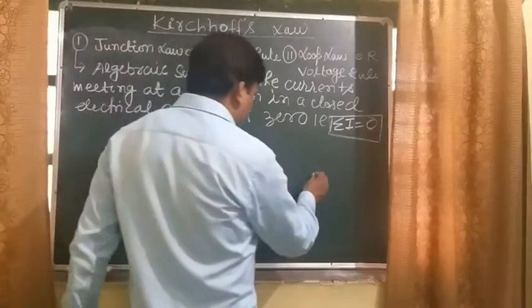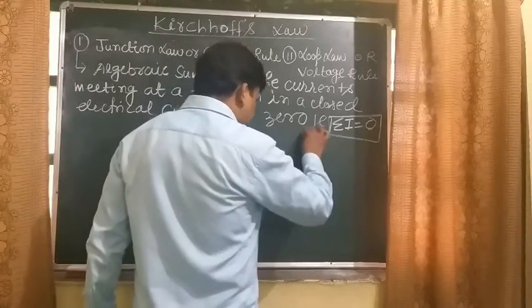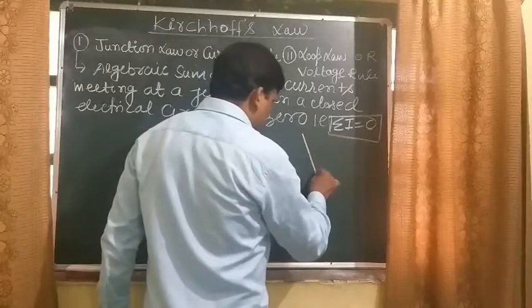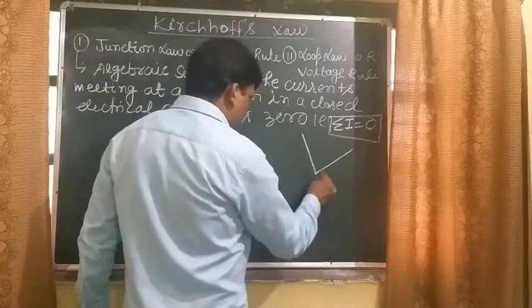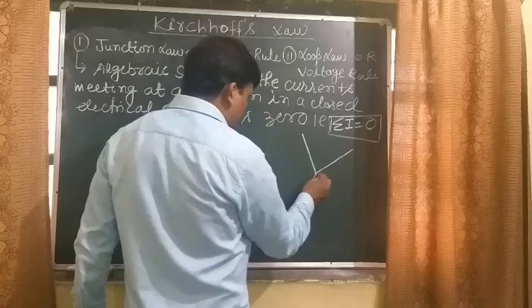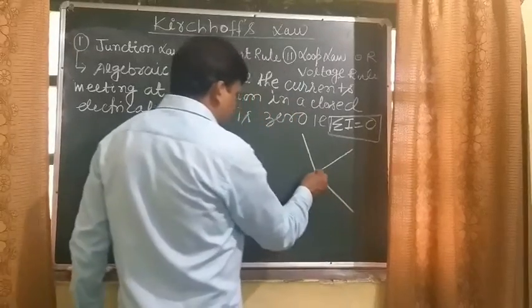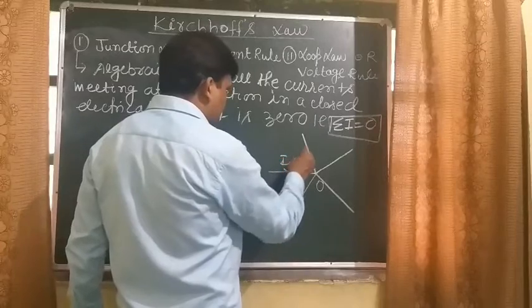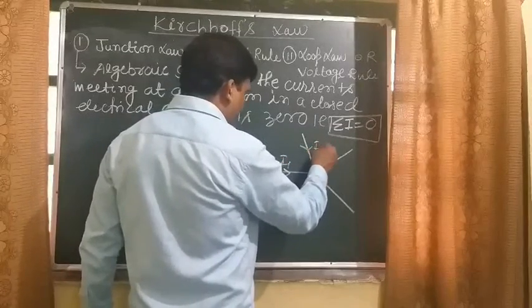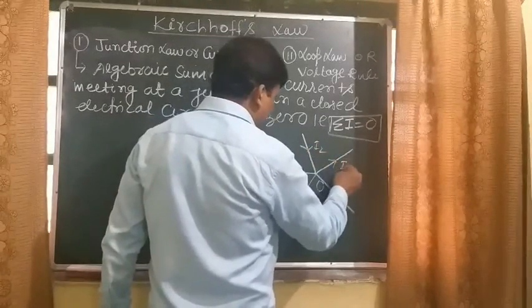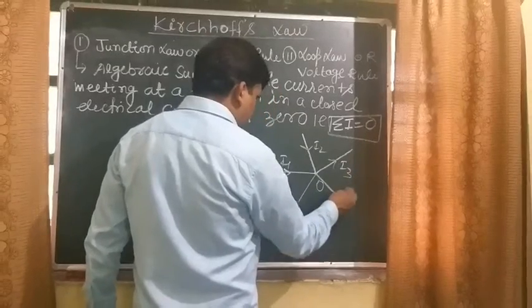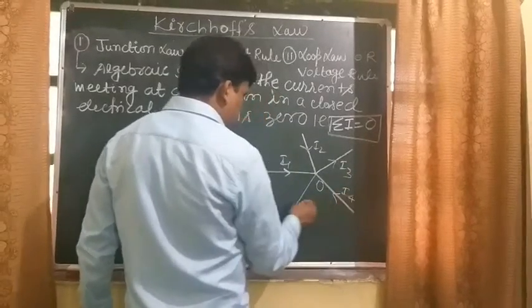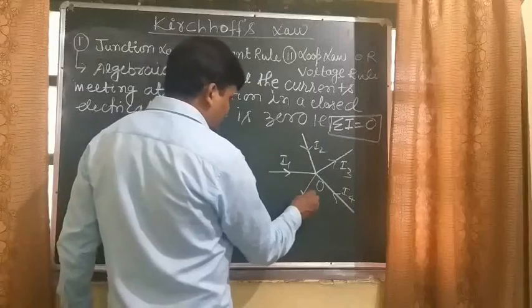And student, we draw a circuit consisting of junction O, where conductors carry currents I1, I2, I3, I4 and I5.